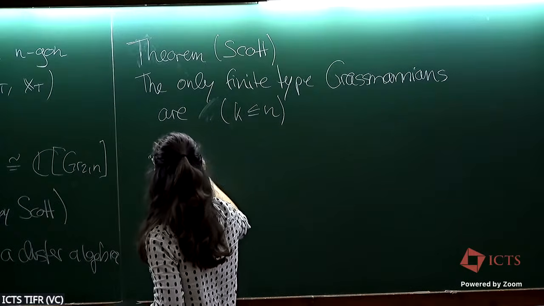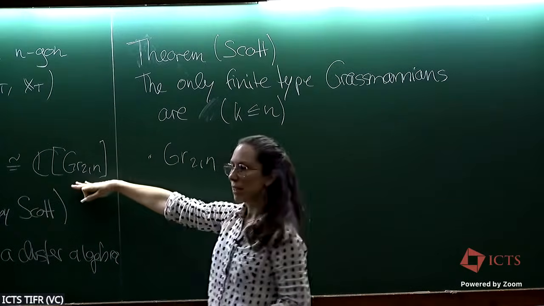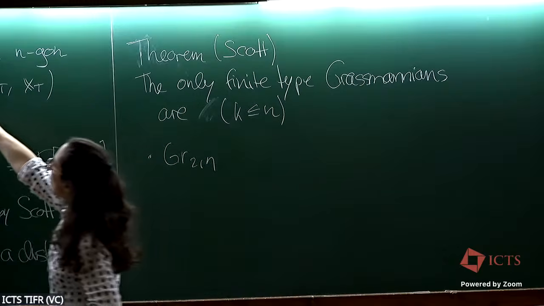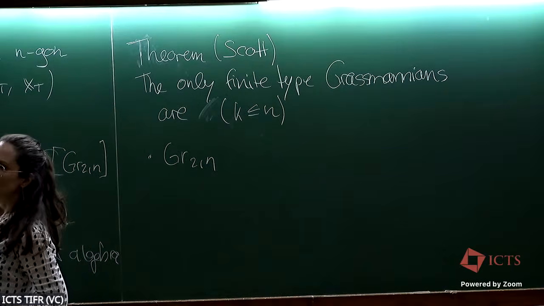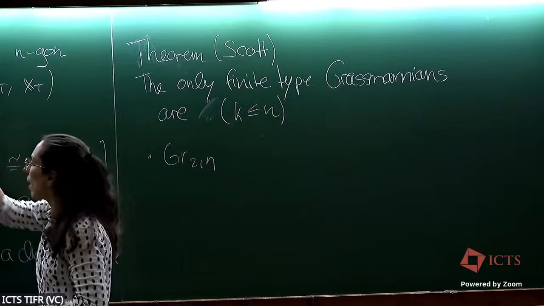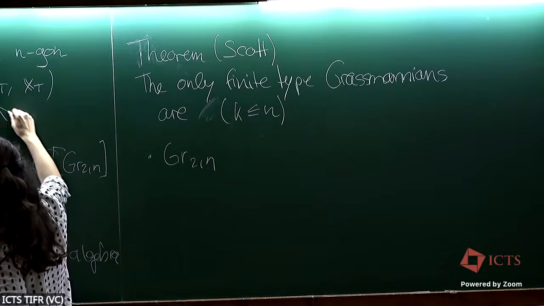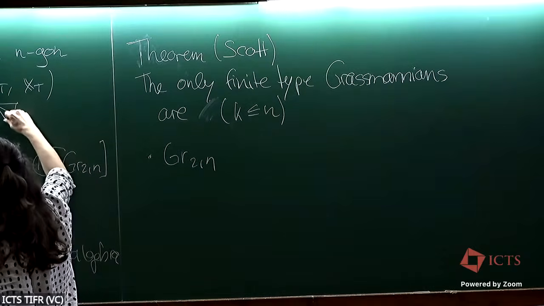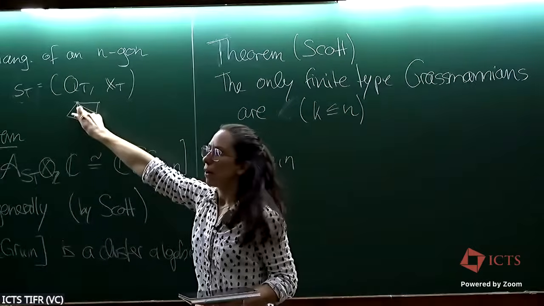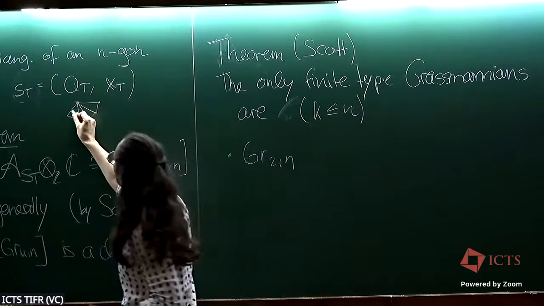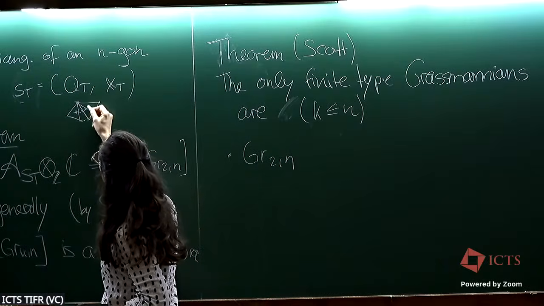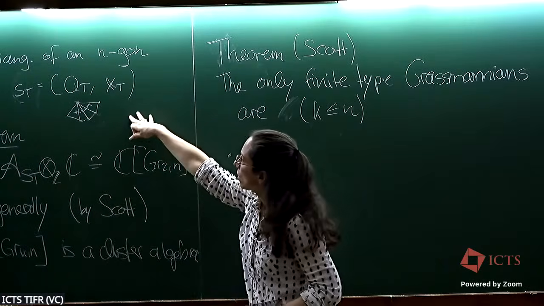Well, the Grassmannian 2,n is this example. The triangulation is of cluster type A. You can always find a triangulation that has all edges getting out of the same vertex, and then the quiver associated, its mutable part would just be a chain like this. So this is a type A cluster algebra.